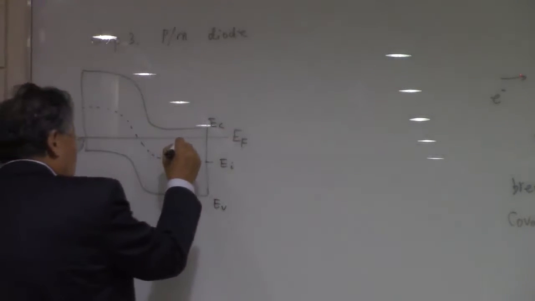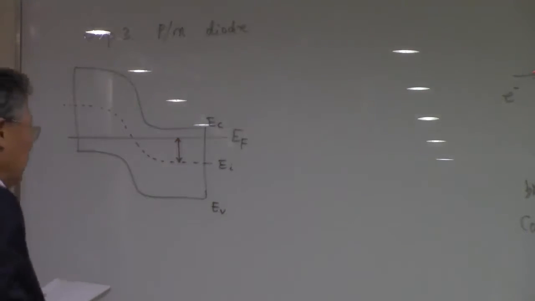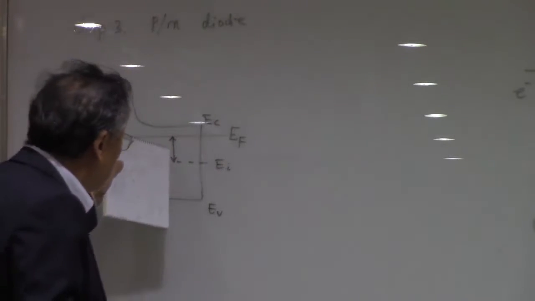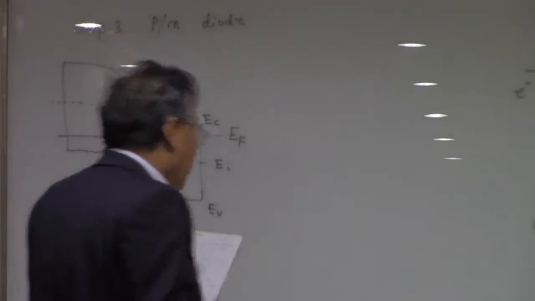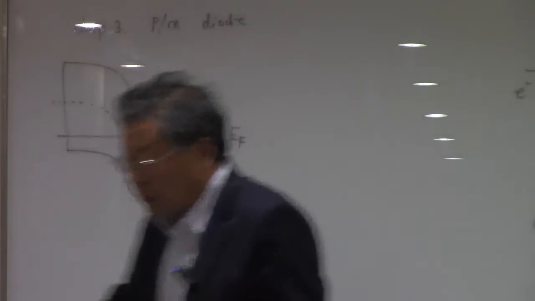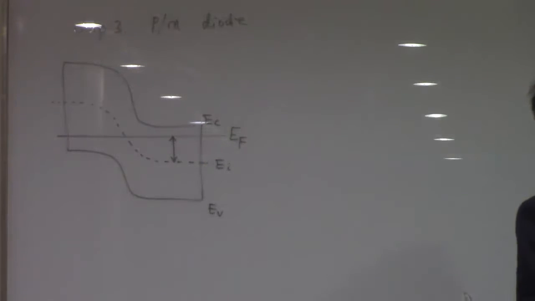And then we can see the gap here between the Fermi energy and the intrinsic level. That energy is going to be used to get the numbers of free carriers and energy states and so forth. Okay.